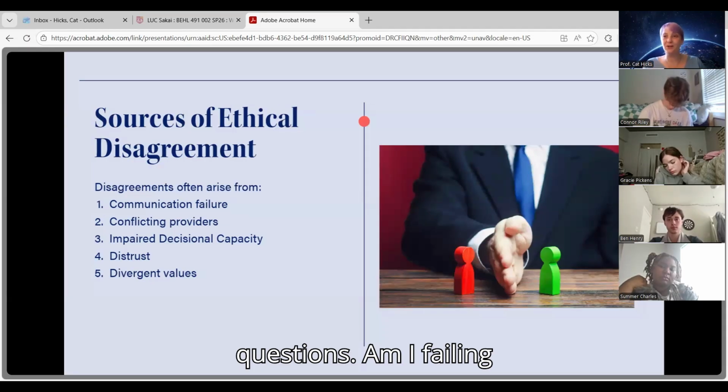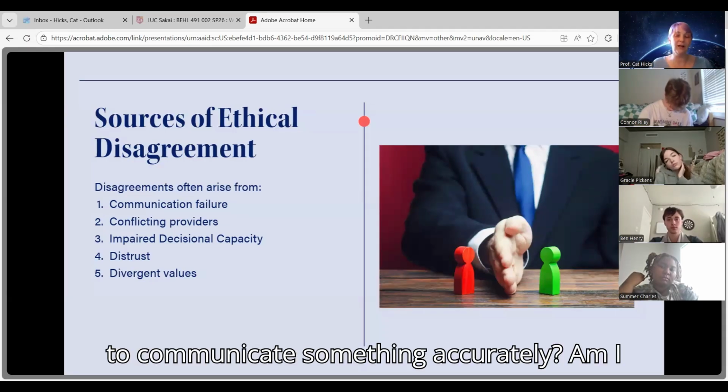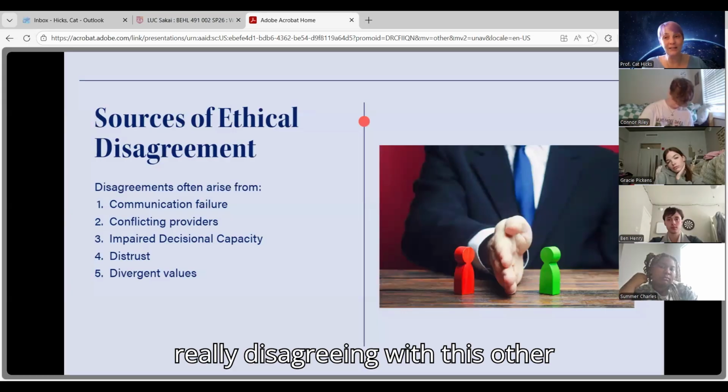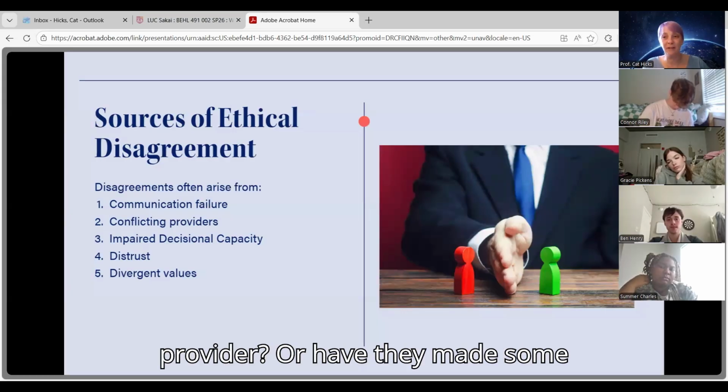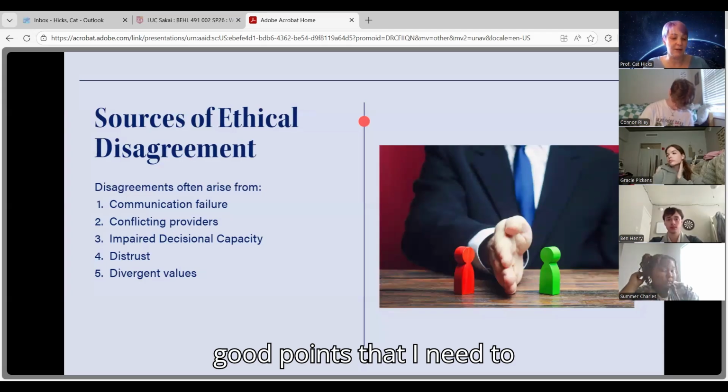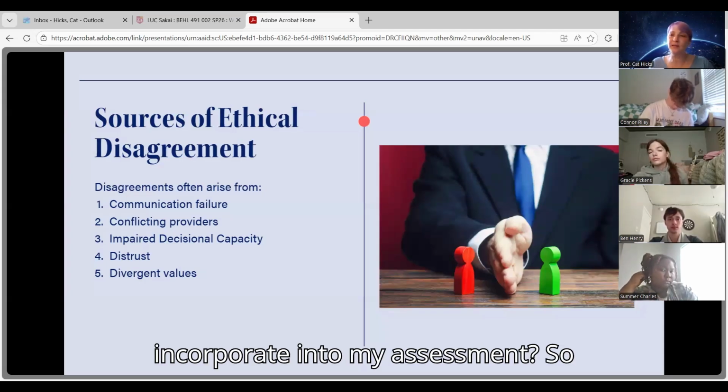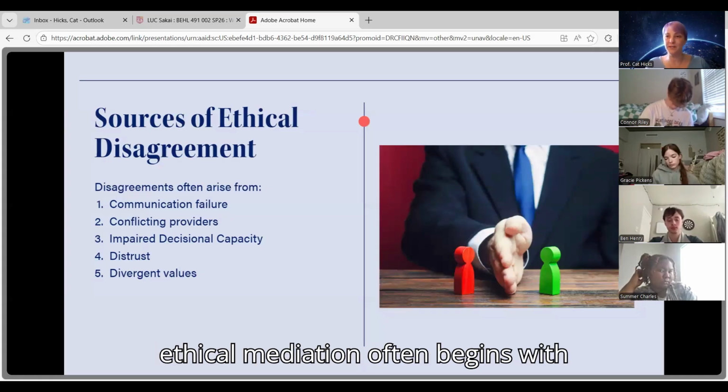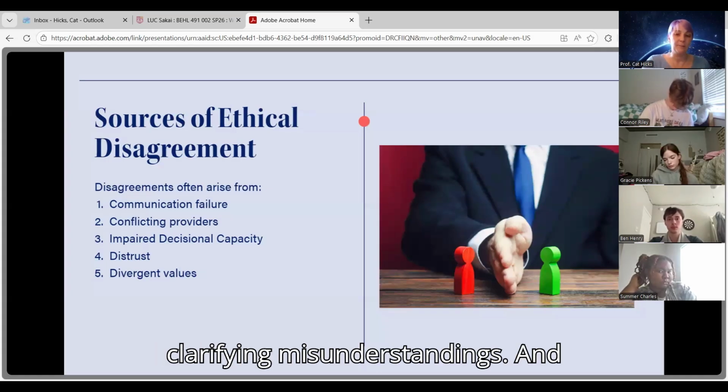Am I failing to communicate something accurately? Am I really disagreeing with this other provider, or have they made some good points that I need to incorporate into my assessment? So ethical mediation often begins with clarifying misunderstandings.